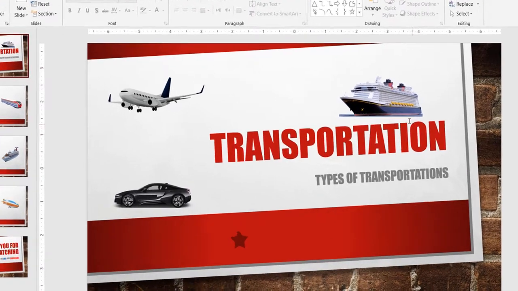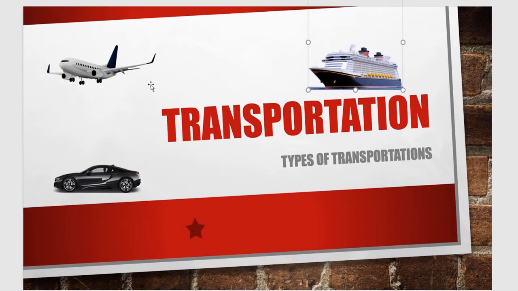So indirectly, I am communicating with my audience that there will be three types of transportation that we'll be talking about. One is the sea, one is the air transport, and the land transport. Now, the audience haven't got a clue what's coming up next in the slide deck, but this is kind of a giveaway for them, where they can have an idea what's going to be there on the agenda.